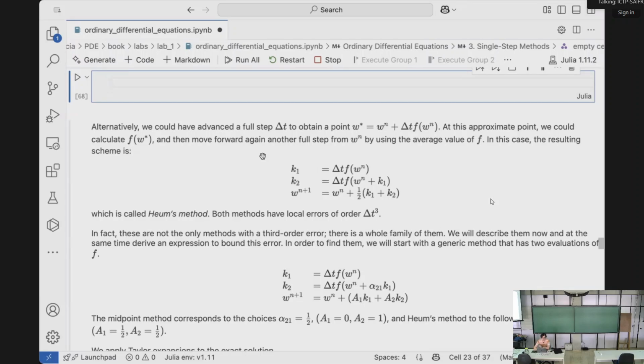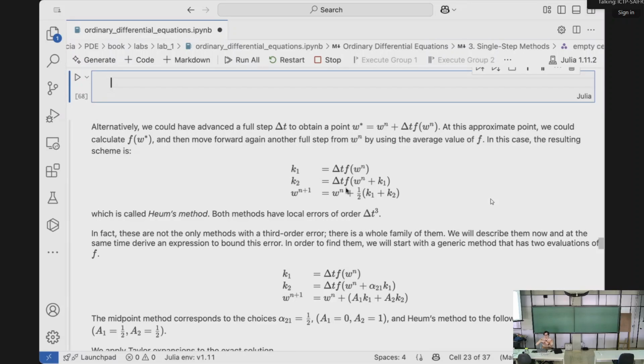We could also have done this another way. For example, we could have done a full step ahead, right? Here in this case, we start with an Euler step, and then at that point we again approximate what the step would have been if the f had been the one in K1, right? So if we had gone all the way there, we have a new value of f.